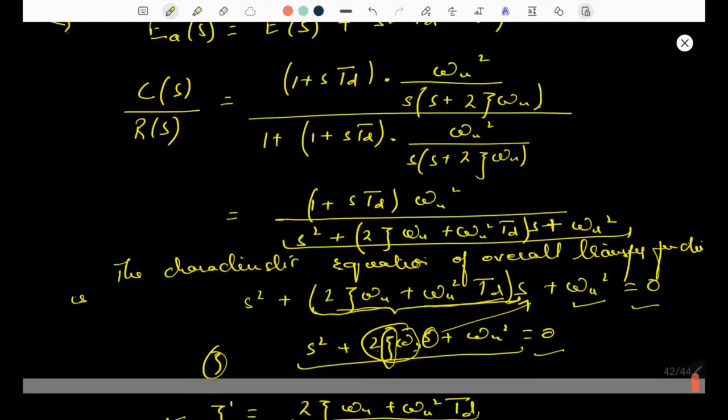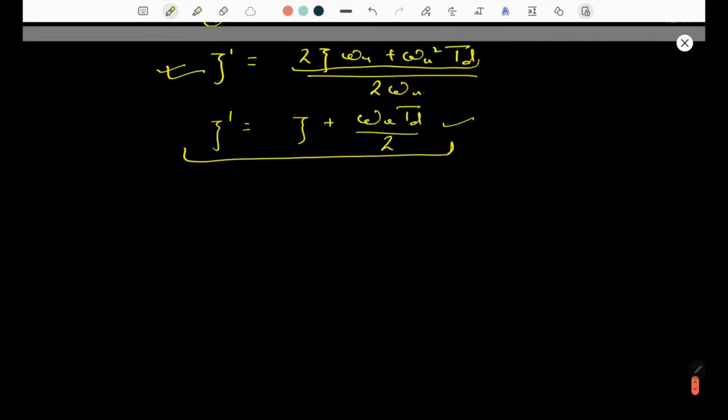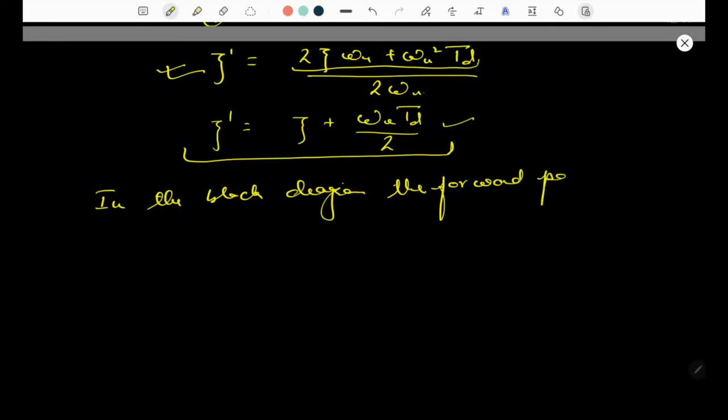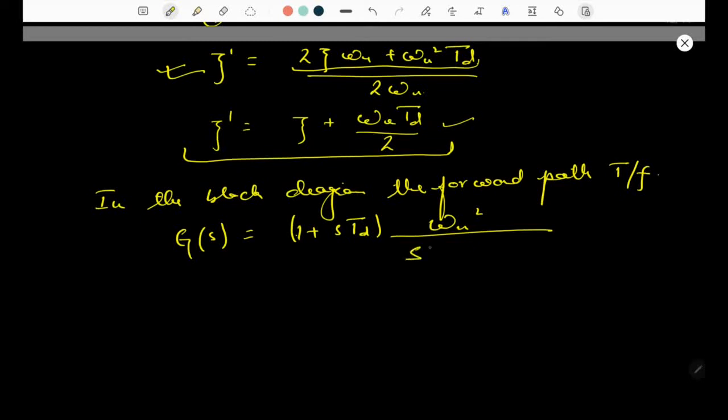The forward path transfer function is simply G(s), which should become (1 plus s TD) omega n square upon s (s plus 2 zeta omega n).